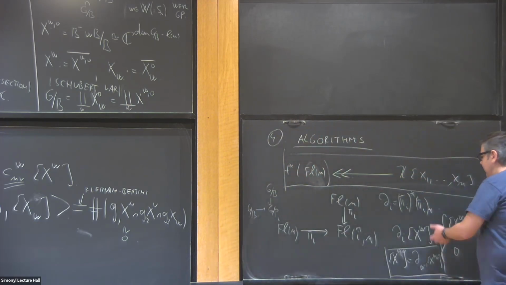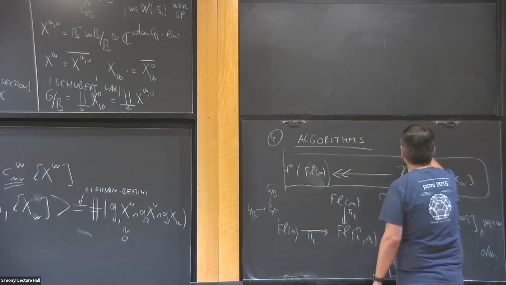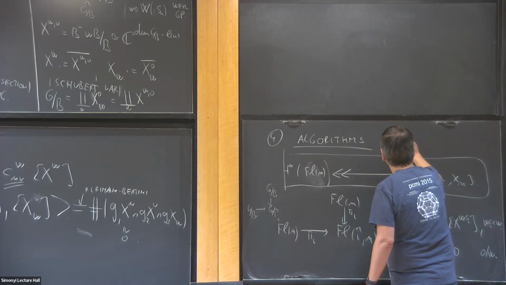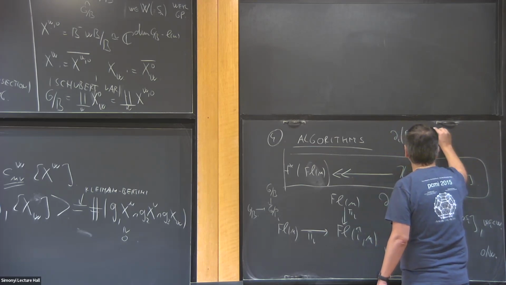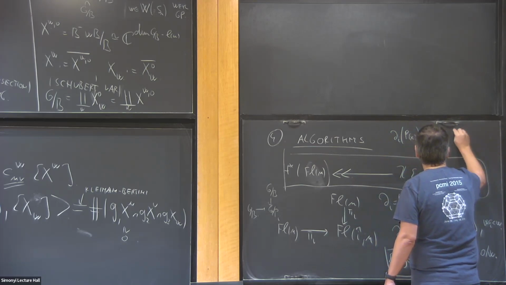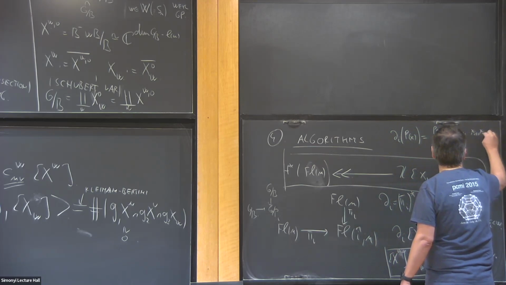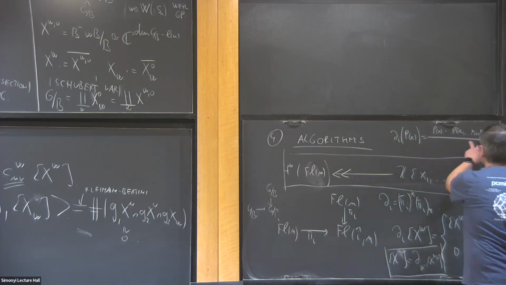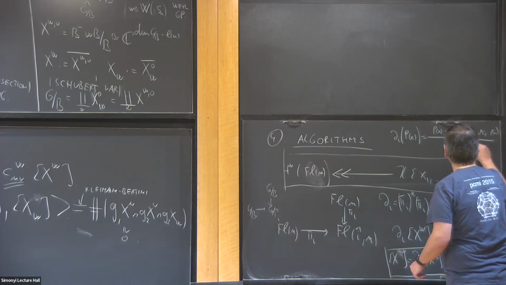It turns out that operators like this also exist on the algebraic side, and these are divided difference operators that are defined in the following way. If you want to apply such an operator to a polynomial P of x1, dot dot dot, you have to exchange the coordinates x_{i+1} and x_i, and then you have to divide.